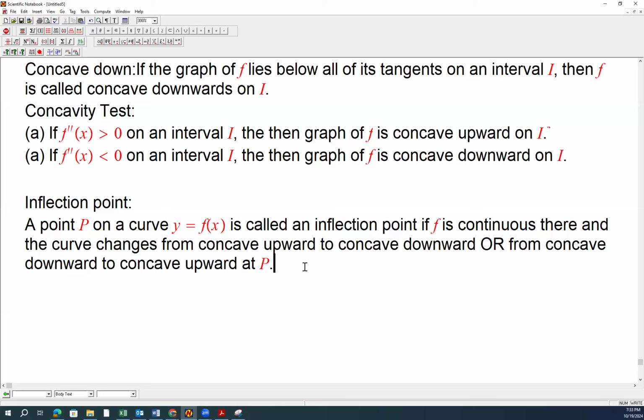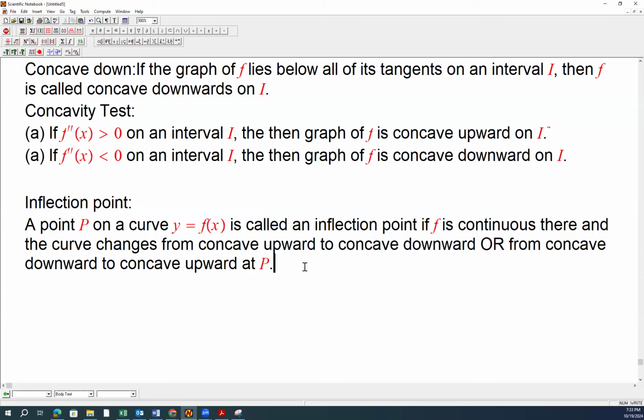Whatever points make the second order derivative equal to 0, those points are the candidates for inflection points. From concave upward to concave downward, there will be a sign change in the second order derivative.